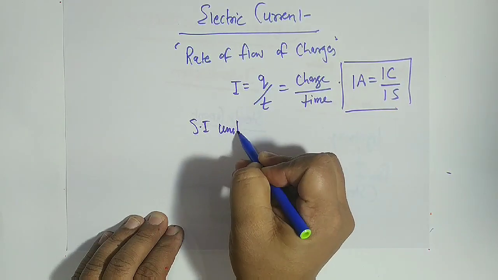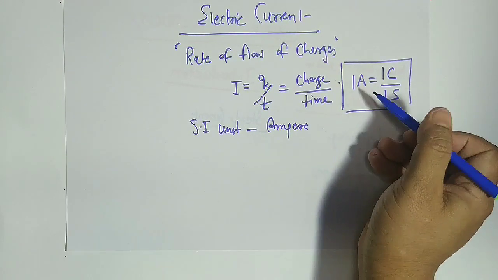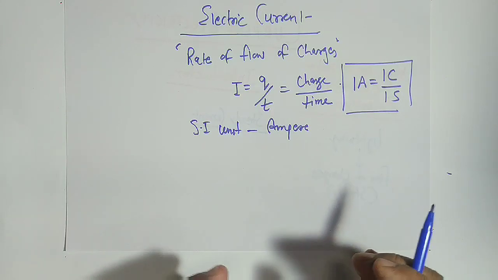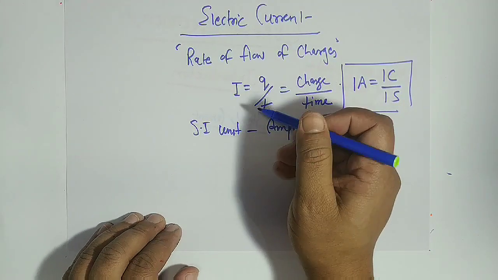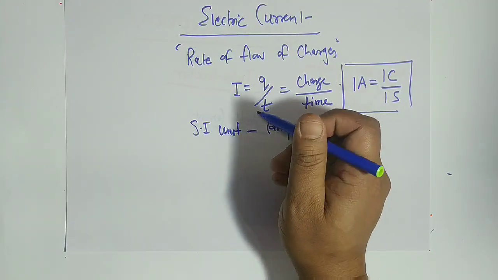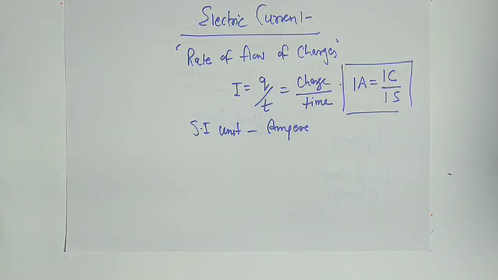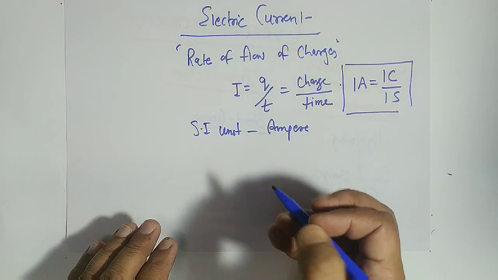What is the SI unit of current? Ampere. So we know that 1 ampere is 1 coulomb per second, and the net amount of charge flowing across the area in the forward direction in time t, that forms a steady current. Now the current flowing through the circuit passes through a conductor.